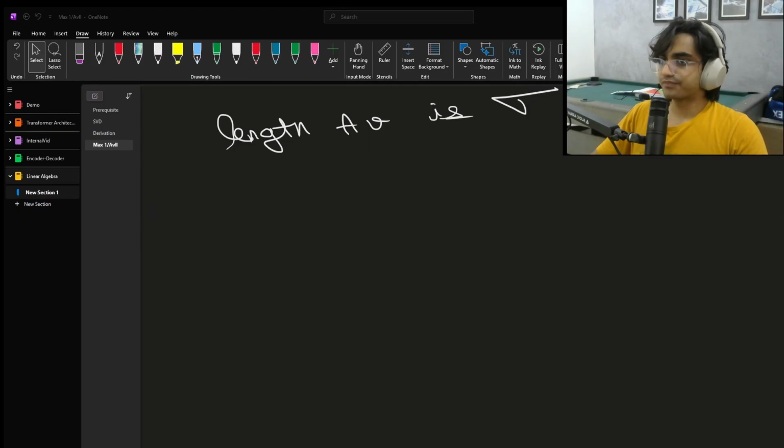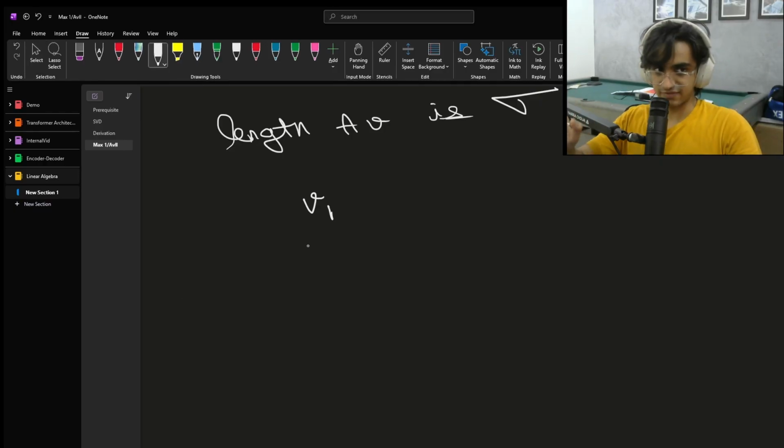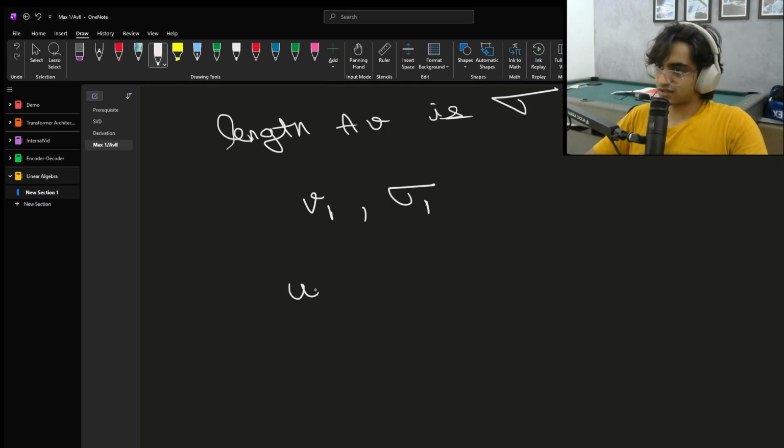Now we need to find our U. U is also another orthogonal matrix, right? So let's take V1 initially, and its associated singular value is sigma 1. Let's call the corresponding vector U1. We're taking only one vector for now, then we'll get into the matrix.